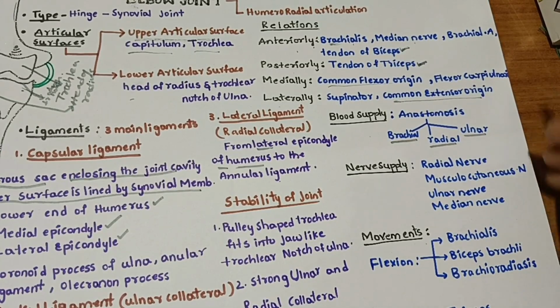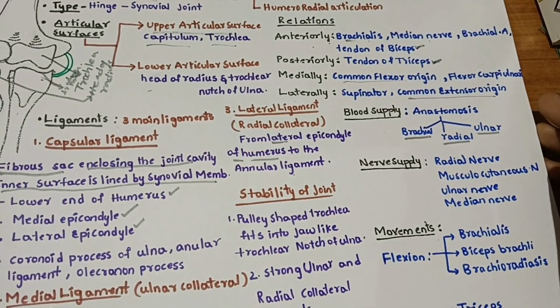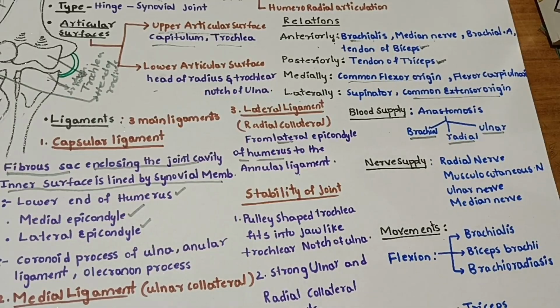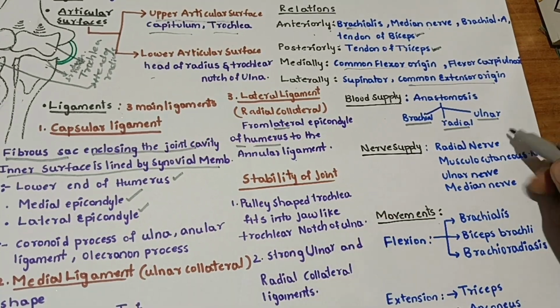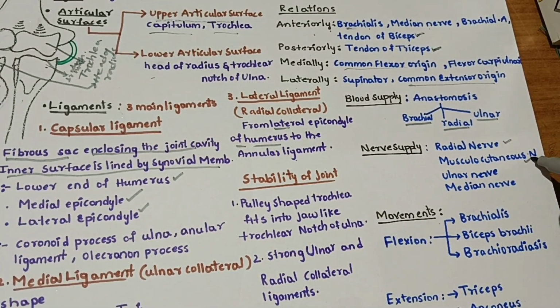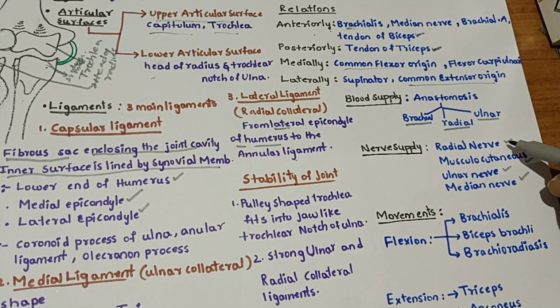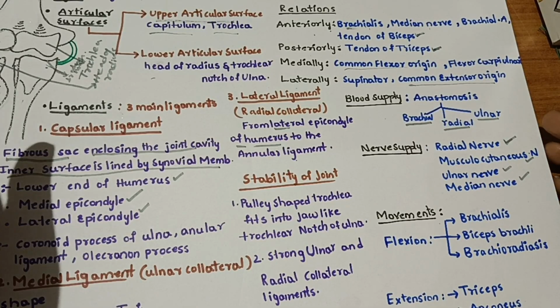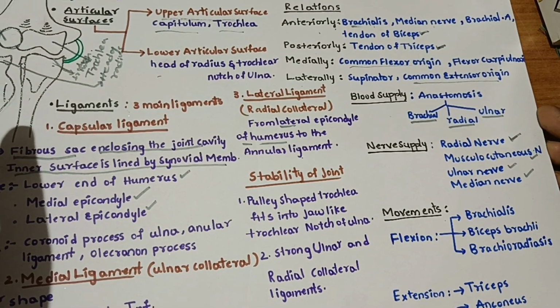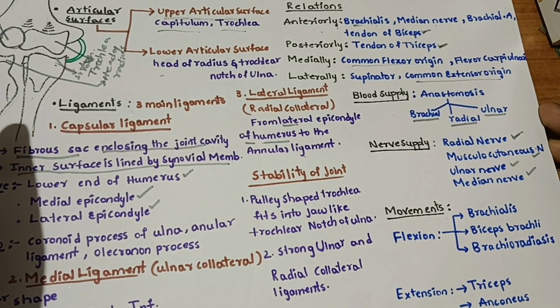And the nerve supply is by the radial nerve, musculocutaneous nerve, ulnar nerve and the median nerve. We will discuss each nerve individually in later classes.